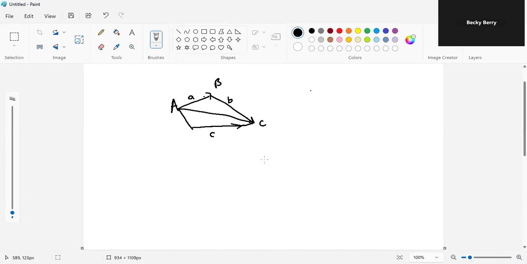If we would like to express the AC segment in terms of vectors, we know that this is AC, but how do we get there with the vectors? We're going to have to follow A this direction and then follow B this direction. So if we add vector A plus vector B, we would get the line segment AC.